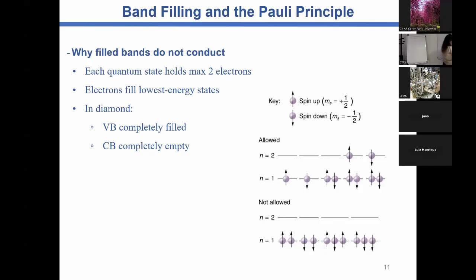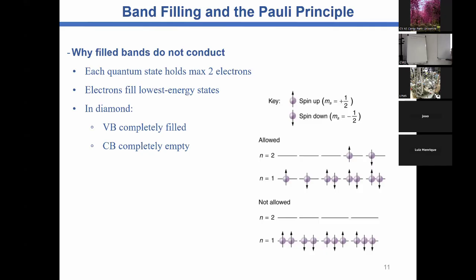And the distribution is not allowed if it is this distribution here. As electrons are fermions, they are only allowed with different quantum numbers.